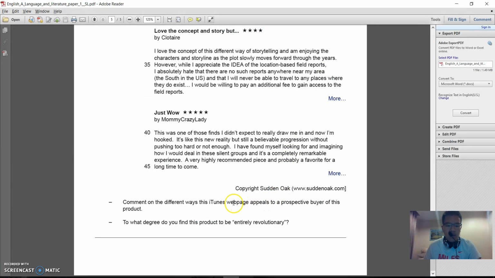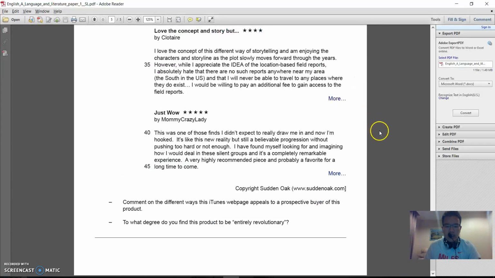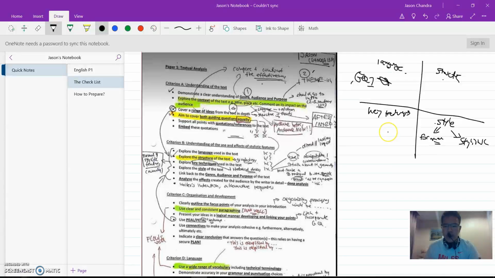So if I think which one iTunes web page appeals to a prospective buyer of the product, let's say if I found a really good one on language, I would assign guiding question 1 to it, and I would assign to what degree do you find this product entirely revolutionary? Key techniques might be good for that. So I assign guiding point 1, and guiding point 2.